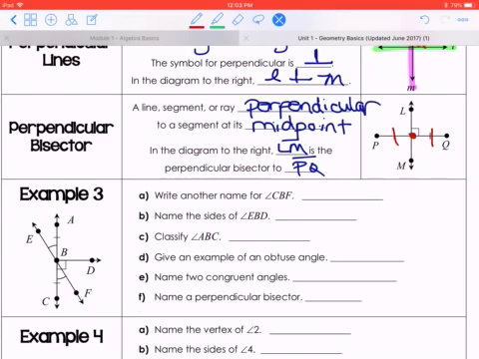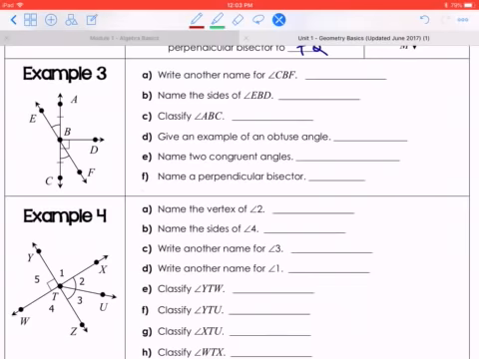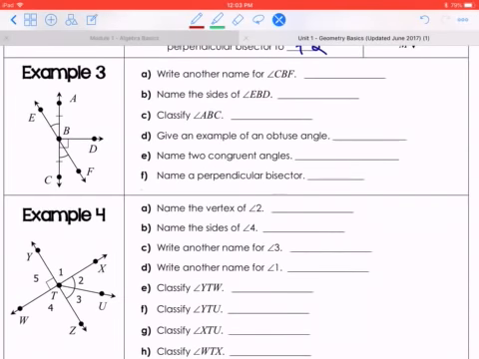Okay, so let's try one example together. We'll do example 3 together on the notes here. It says write another name for angle CBF. So if you go over here and look, CBF is right there. So another name, you can reverse it and we can say angle FBC.